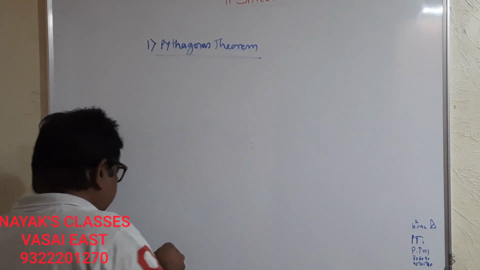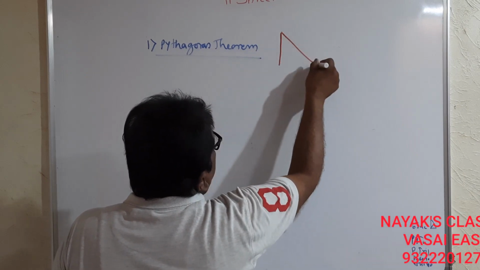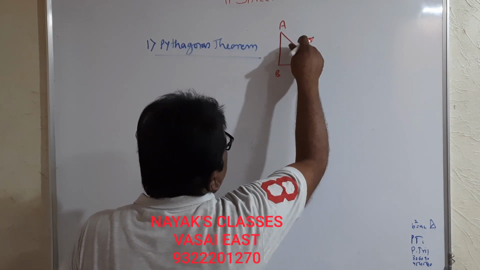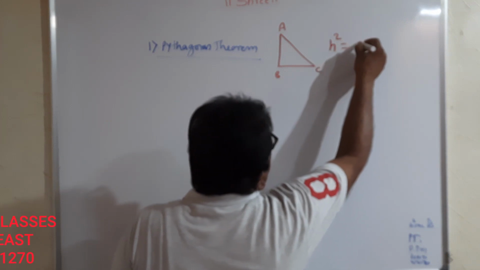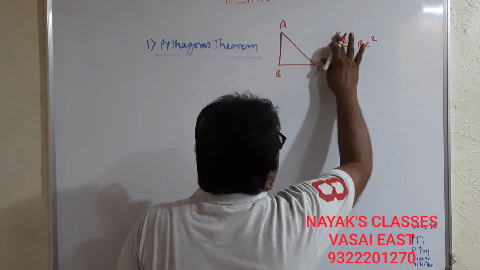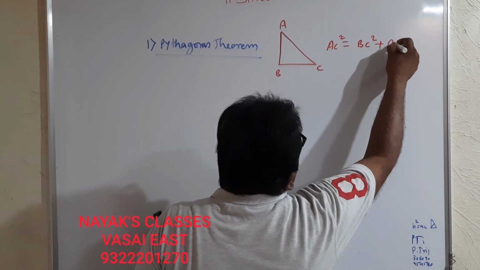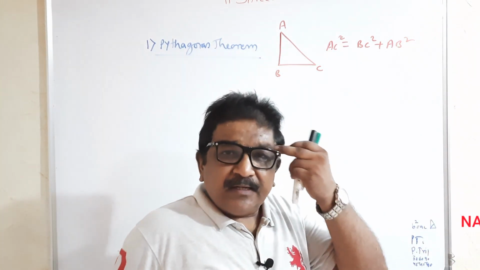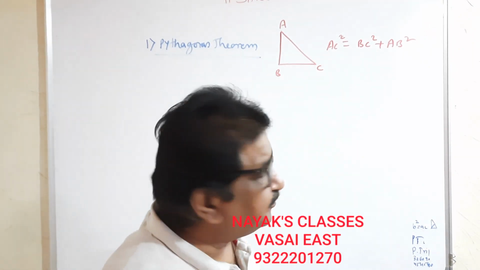It says hypotenuse square is equal to base square, that is BC square, plus AB square. How to prove it is not a question at present. It is only for remembering.